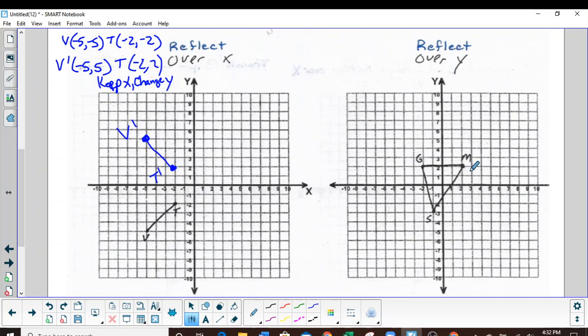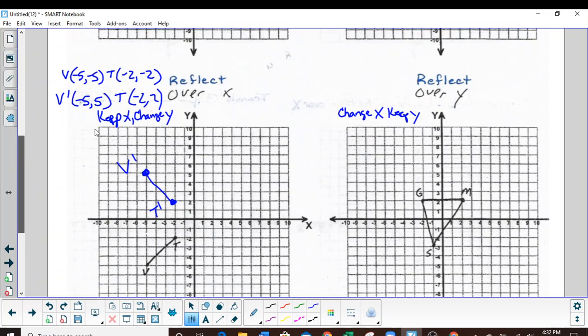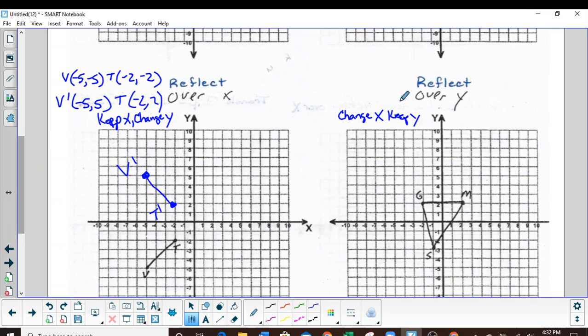One more. Reflect over y. So we're going to change x. Keep y. We got 3 points. G, M, and S. Okay.